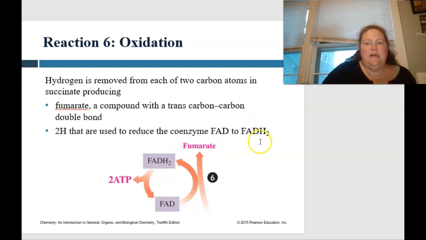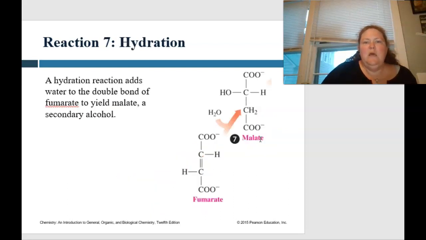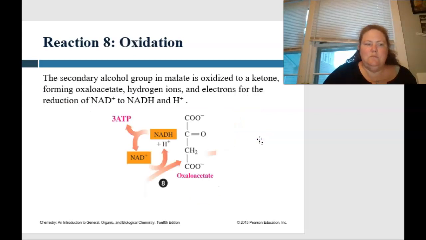So the important part here is that we're producing NADH and taking more of those hydrogens down to the ETC. Reaction 7 is hydration, and this hydration reaction adds water to the double bond of fumarate to yield malate, which is a secondary alcohol. Reaction 8 is oxidation, and that secondary alcohol group in malate is oxidized to a ketone, and this forms oxaloacetate, hydrogen ions, and electrons for the reduction of NAD+ to NADH and hydrogen.